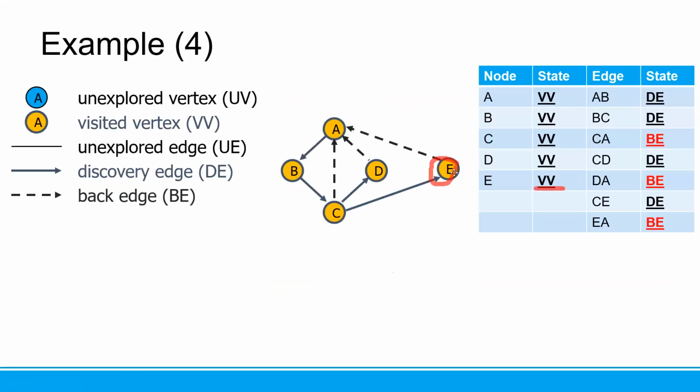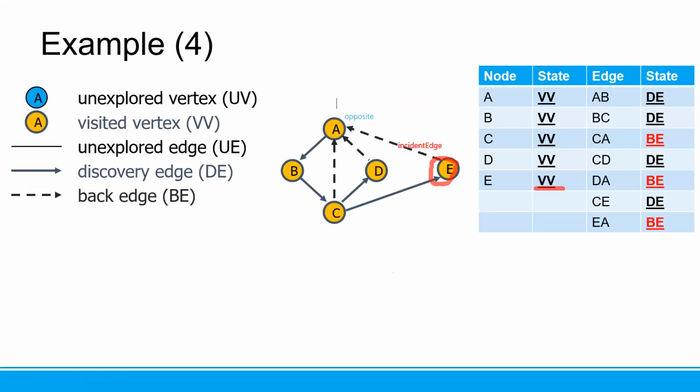And then after we put this as the visited vertex, again we will check the incident edge. Okay, and then we check the opposite. The incident edge of E is this one, and then the opposite of E is A. Again, A is already visited.